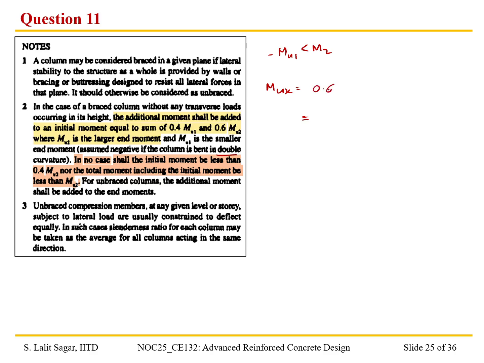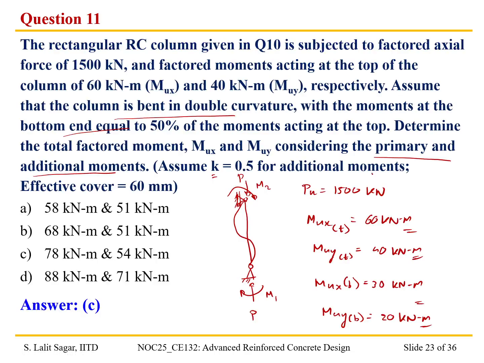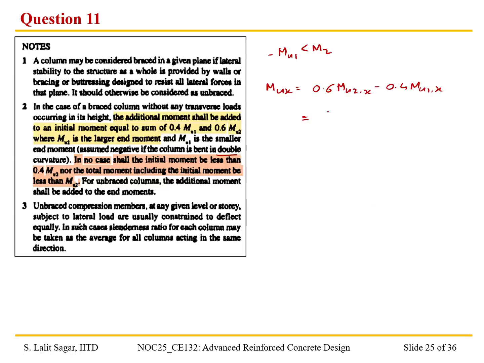And this is nothing but 60 and 30, so 0.6 into 60 minus 0.4 into 30. So Mux is 24.